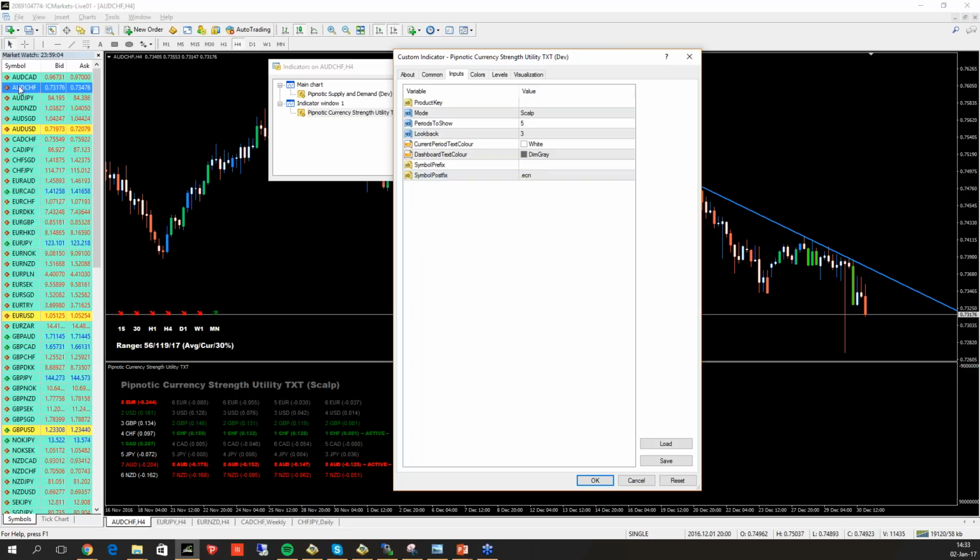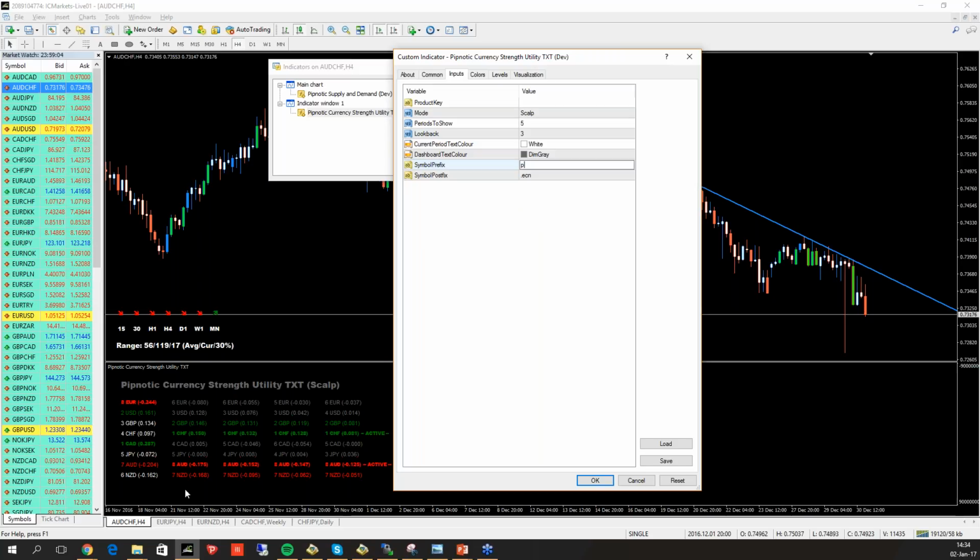And if there's something before, so for example, there's a P at the beginning of the symbol, then you're going to have to put P here like so. And I've made a new version of this, and it's pretty good at figuring this out automatically, but for the time being, until I've released that version, just have a quick look.